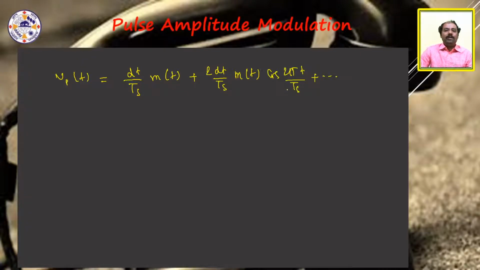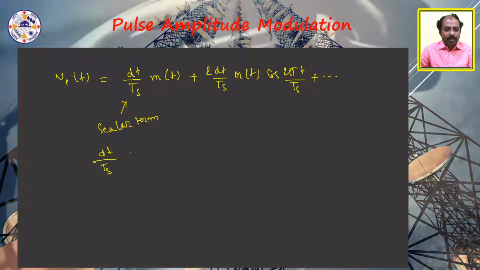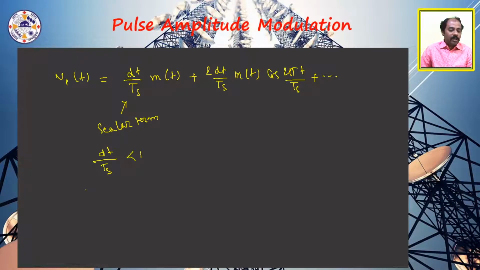I want to show you here, this is a scalar term, dt by ts. dt is very much less than ts, so this is always less than 1. So actually the amplitude of the modulating signal gets reduced.